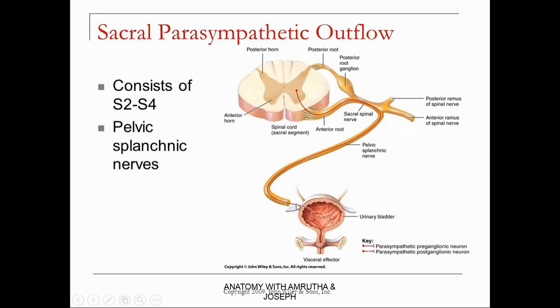Near the organ, as you can see here, there is a ganglion related to the urinary bladder, and there it synapses. The ganglion then sends very short fibers that supply the urinary bladder. It is seen in the S2 to S4 segments: the gray horns have the preganglionic neurons for the parasympathetic system, and they pass through the pelvic splanchnic nerves.